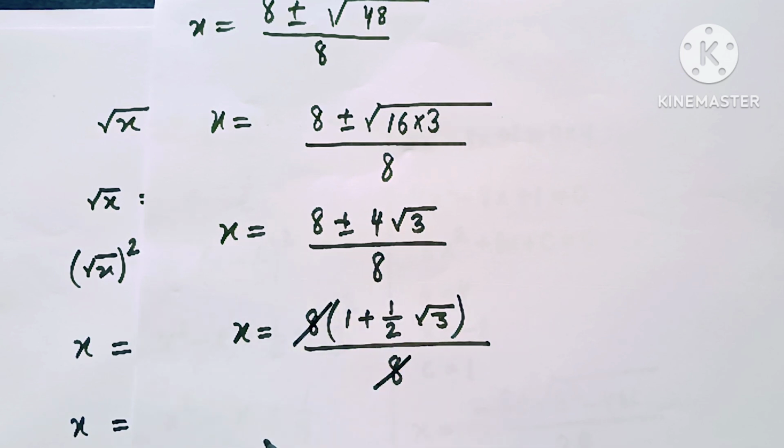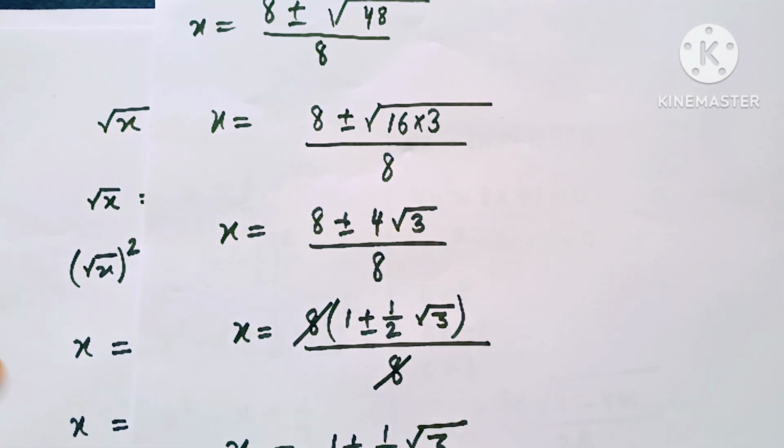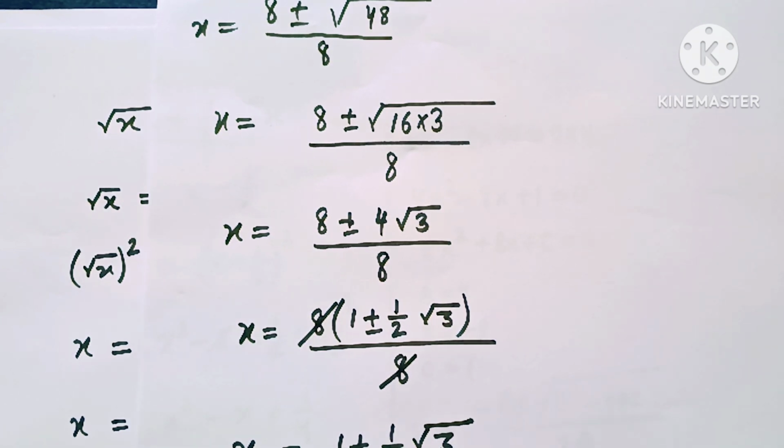So we have x is equal to 1 plus minus 1 by 2 root 3, and here plus minus is there also, so we have two roots, that is 1 plus minus root 3 by 2, and this is going to be the solution of this equation.